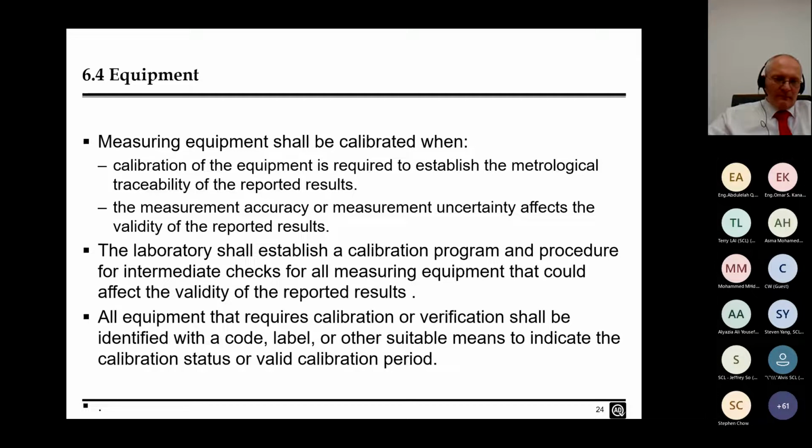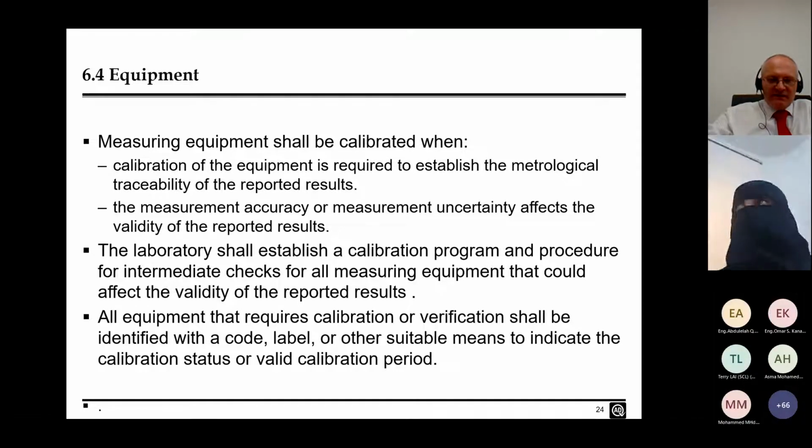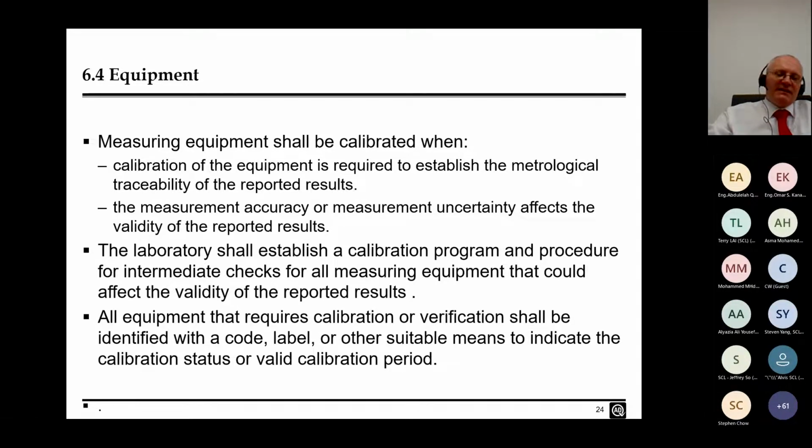So for any equipment that has to be calibrated, you need to have a calibration program. You should have a procedure for intermediate checks for that equipment. And intermediate checks tend to be done once between calibrations.